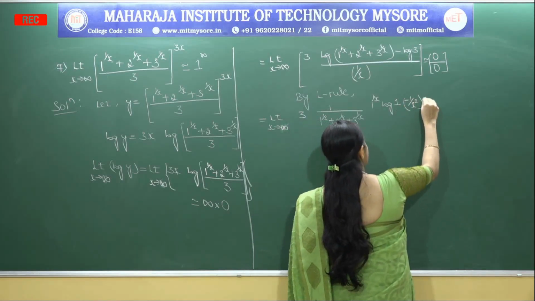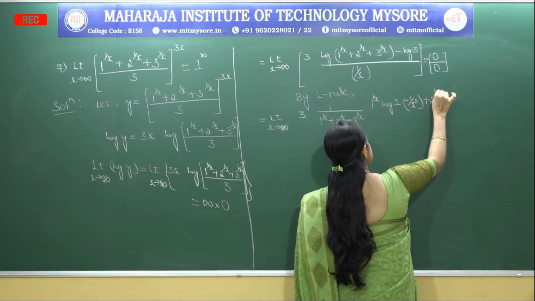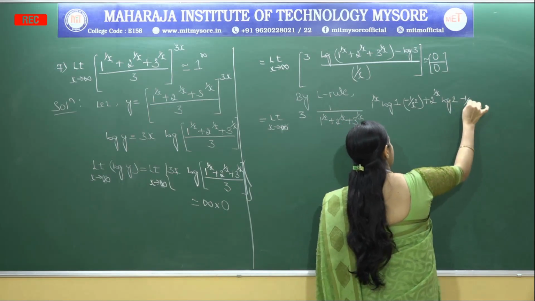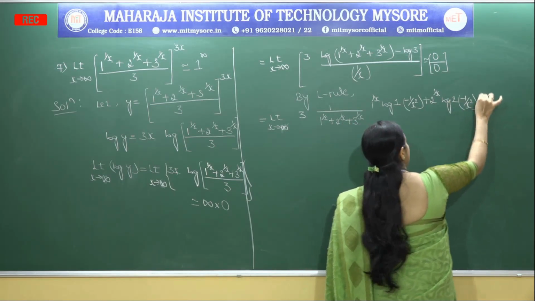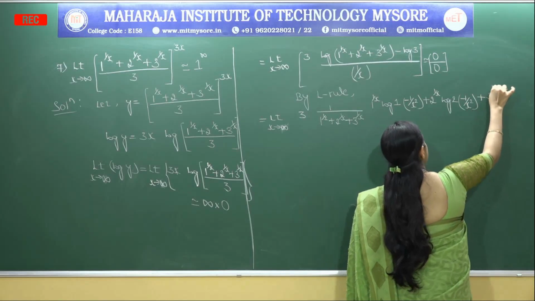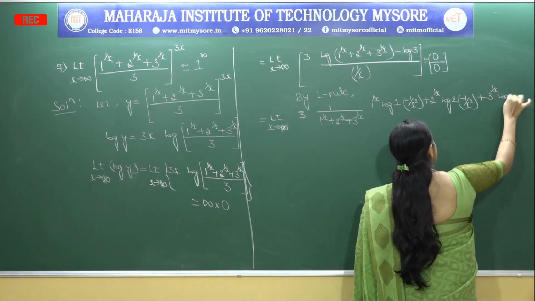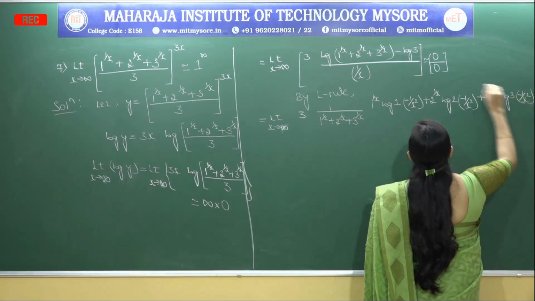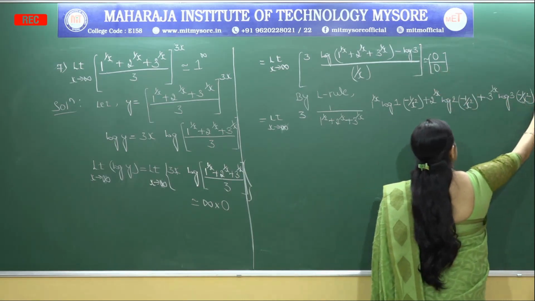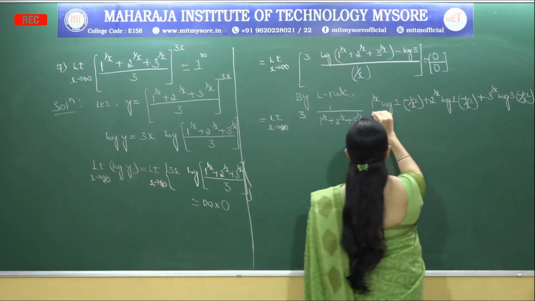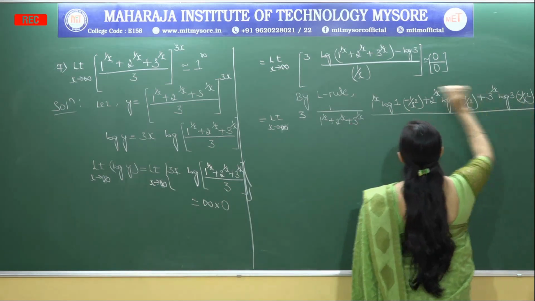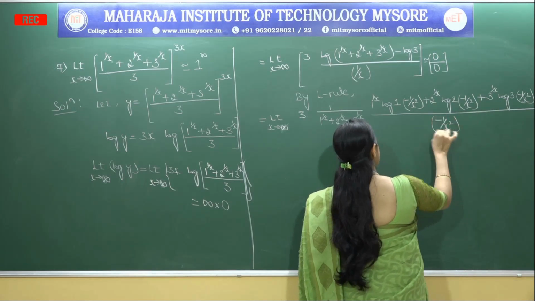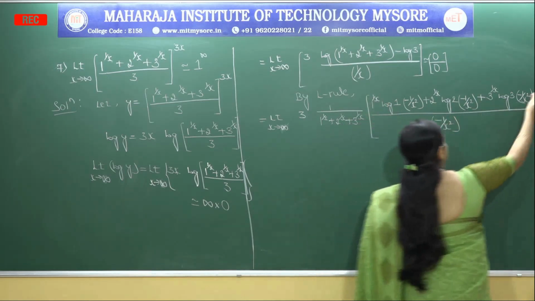Same for the second term, 2 power 1 by x log 2 into minus 1 by x square, plus 3 power 1 by x log 3 into minus 1 by x square. Log 3 differentiation is 0. In the denominator, the differentiation of 1 by x is minus 1 by x square.